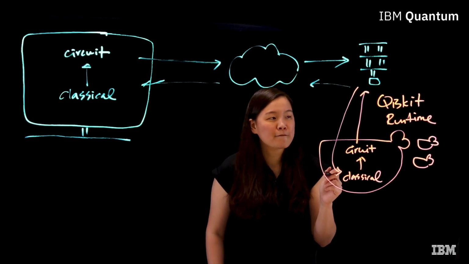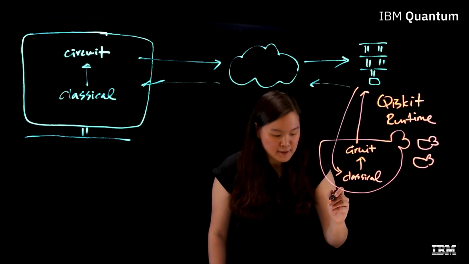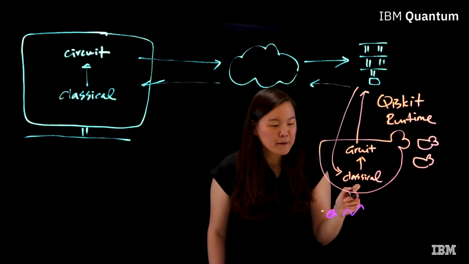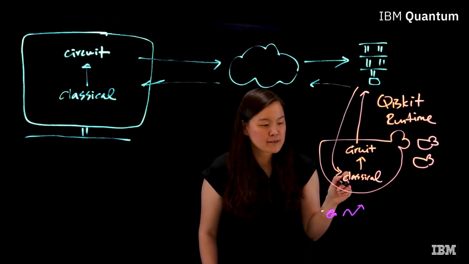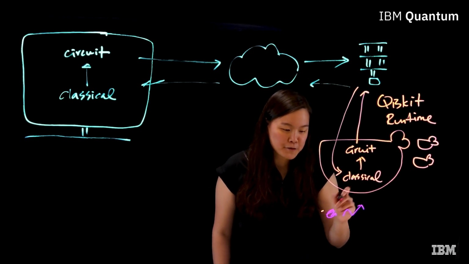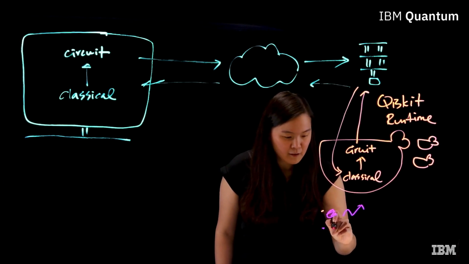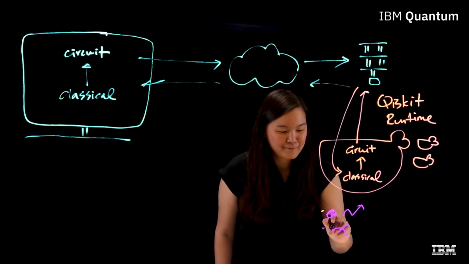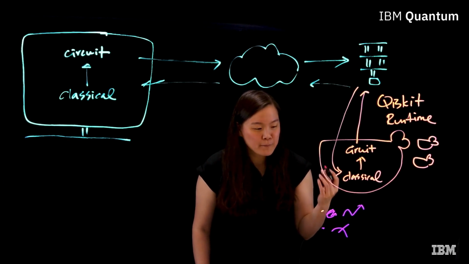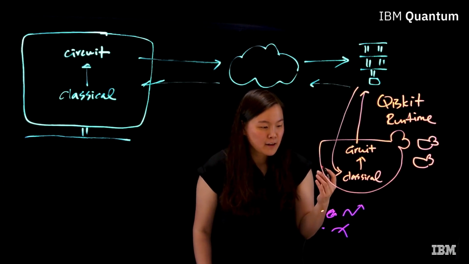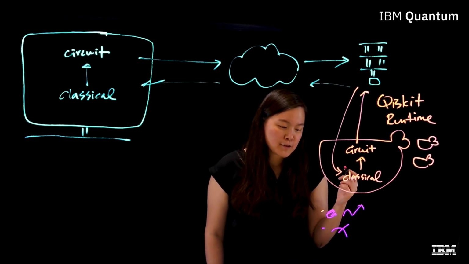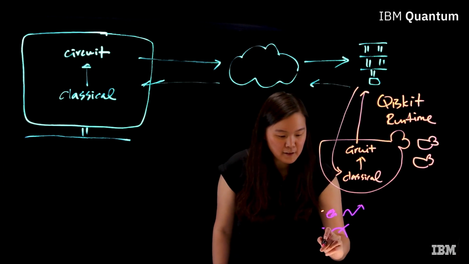It has a number of predefined routines, such as circuit optimization, that remaps the gates in your circuits so they would run faster, similar to what modern compilers do. Circuit result post-processing takes all those measured ones and zeros and converts them into higher level representations, such as expectation values.